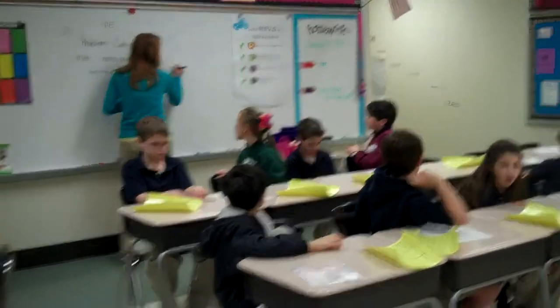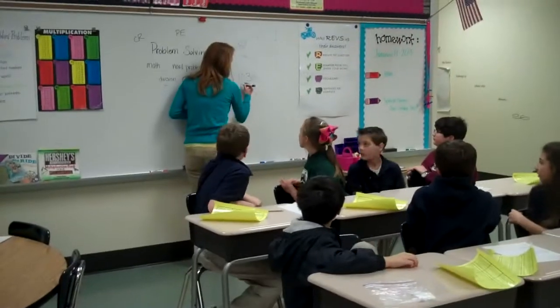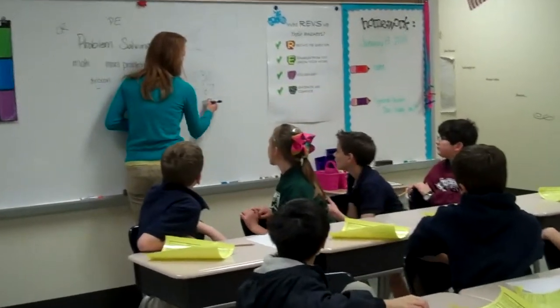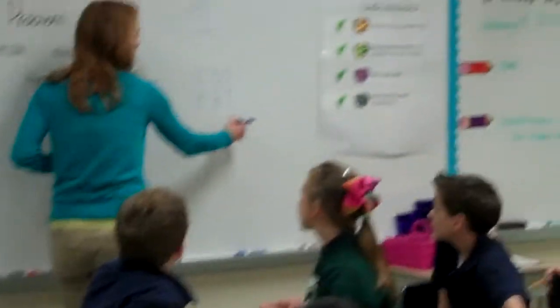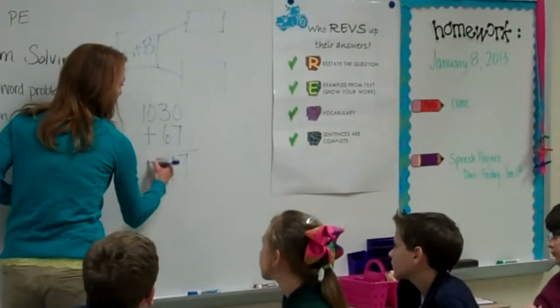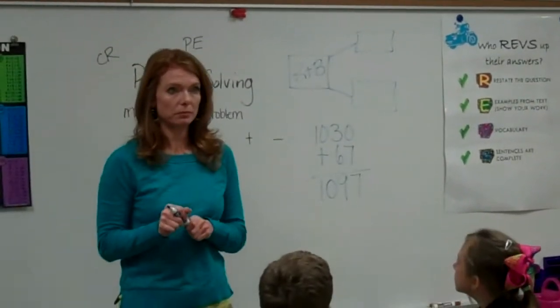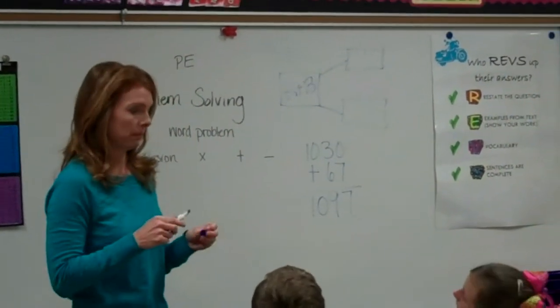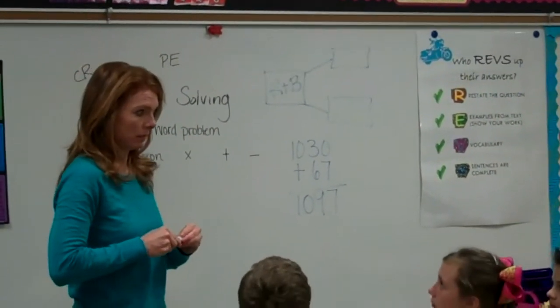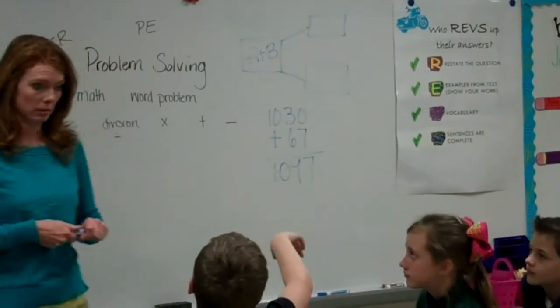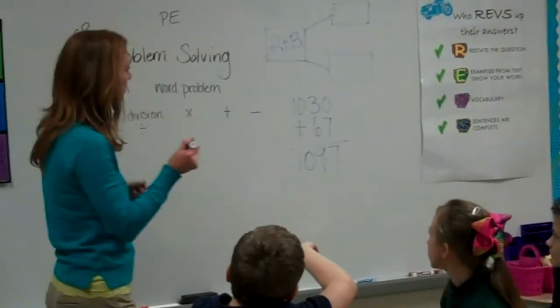Okay. Now, I saw a lot of this. Right? Yes. Okay, so you had this on your paper. Is that an equation? No. Why? Because you need a variable. And that's not how you do an equation.